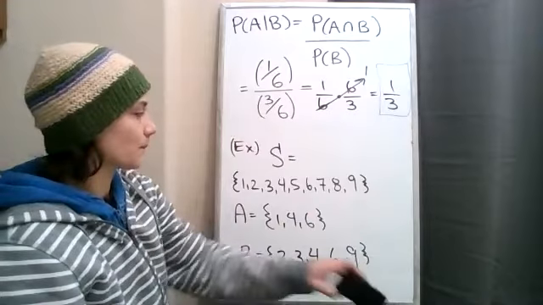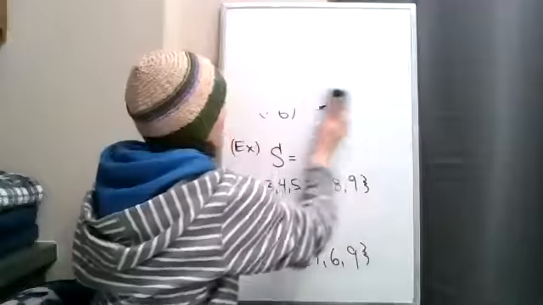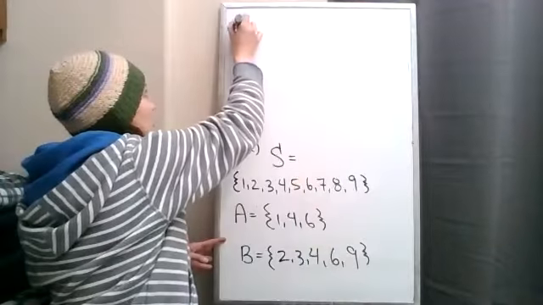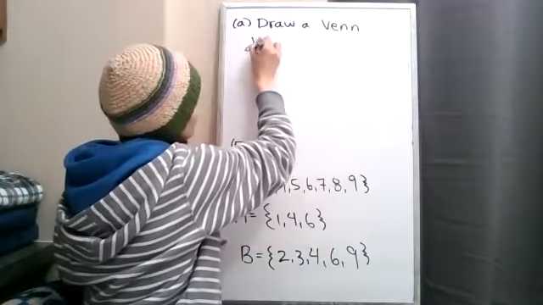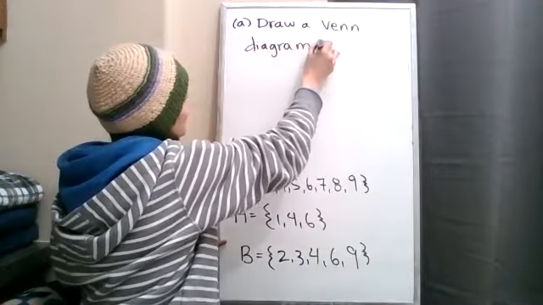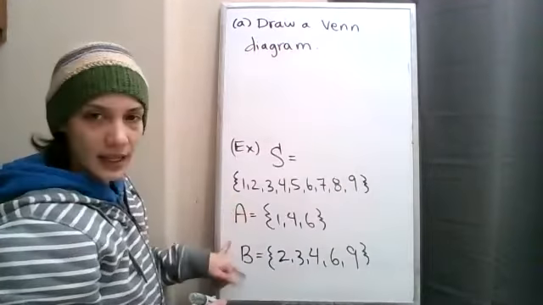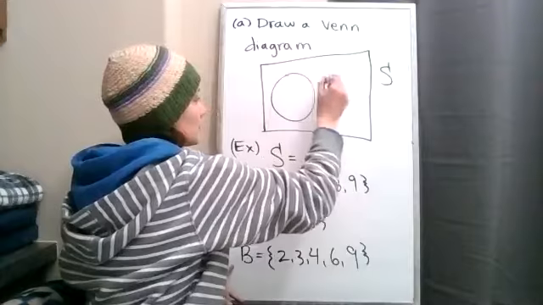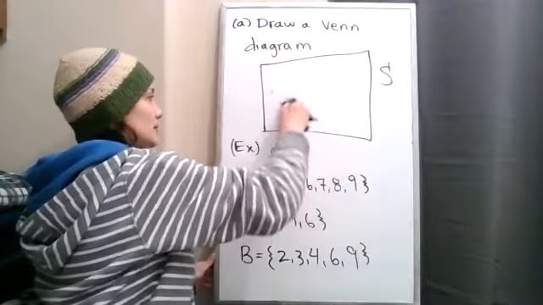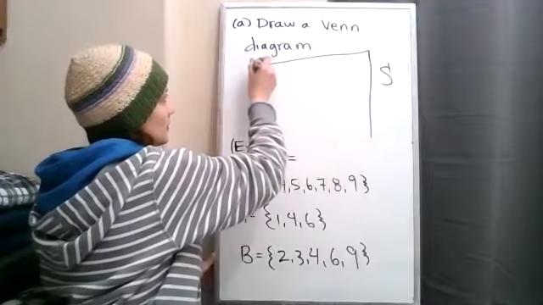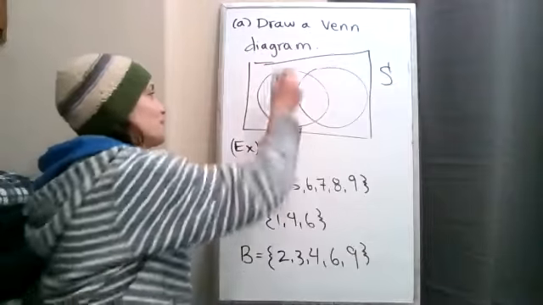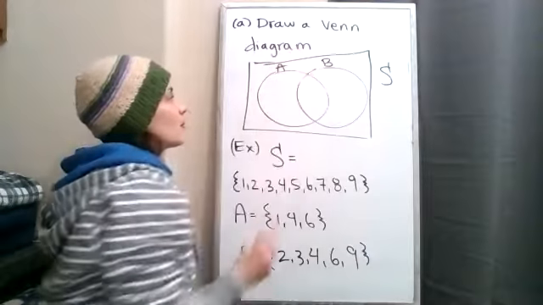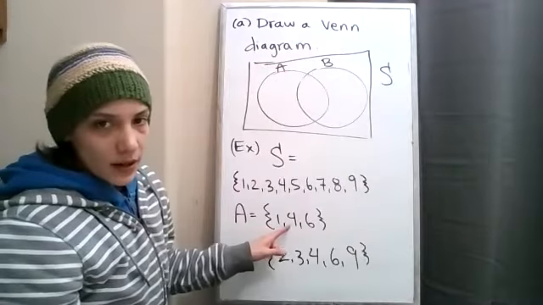First, we'll draw the Venn diagram. We'll have A and B contained in S. I would see what elements are common.